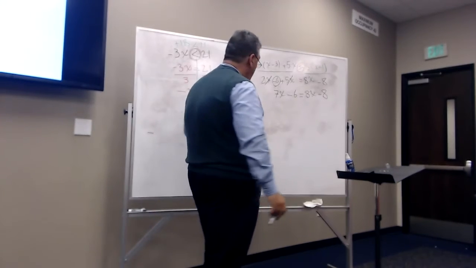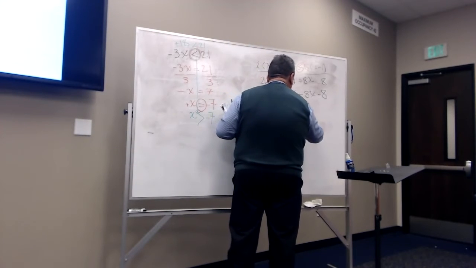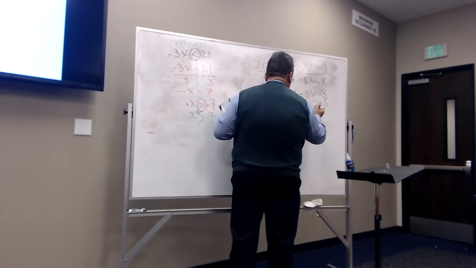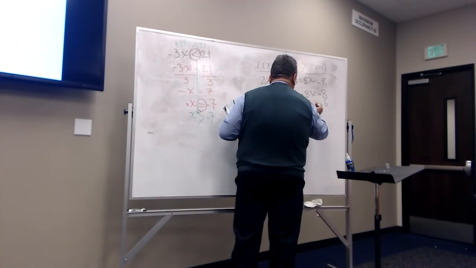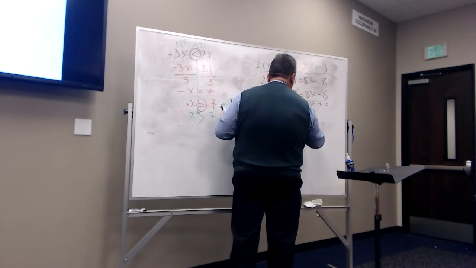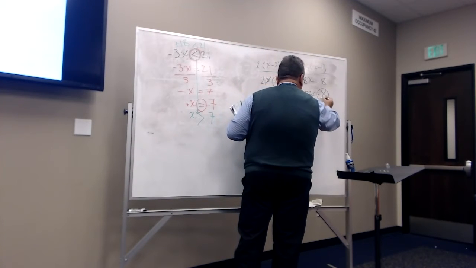Yes? So add plus 6 to both sides, and subtract 8x from both sides. These two cancel, so minus 8 plus 6 is what?